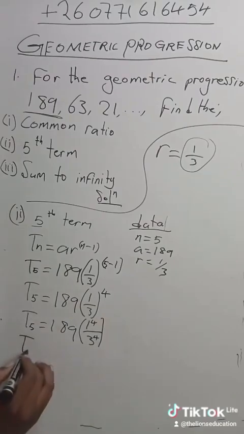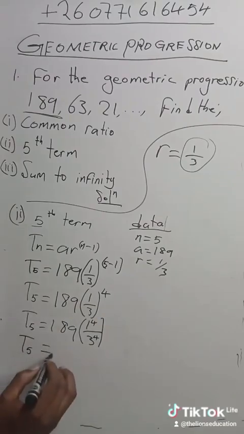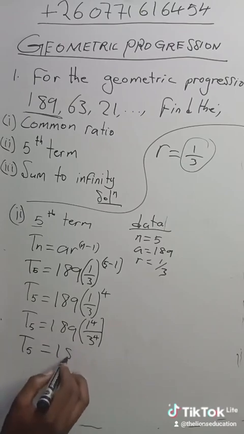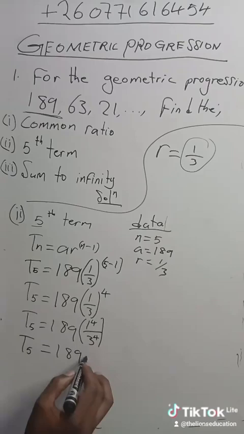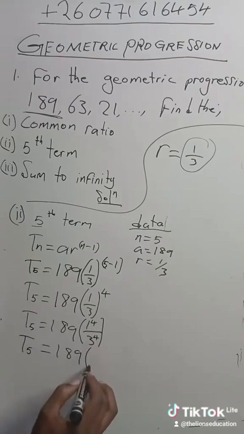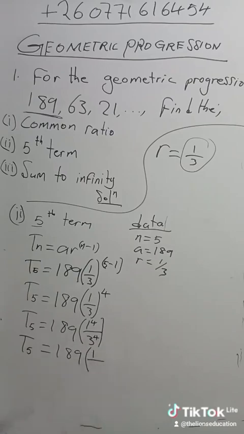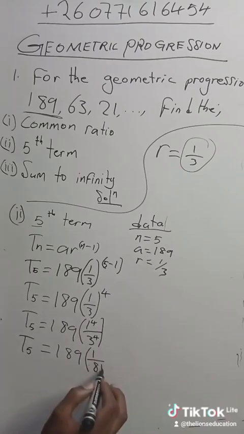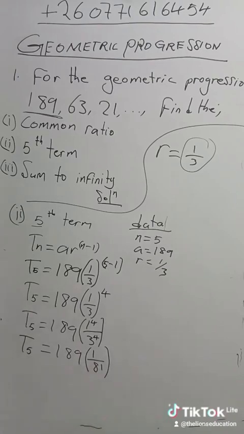So this brings us to T5 is equal to 189 multiplied by, if you raise 1 to the power 4, you get 1. Okay? Then if you raise 3 to the power 4, you get 81, like that. Okay? Now, this gives us T5 is equal to what?